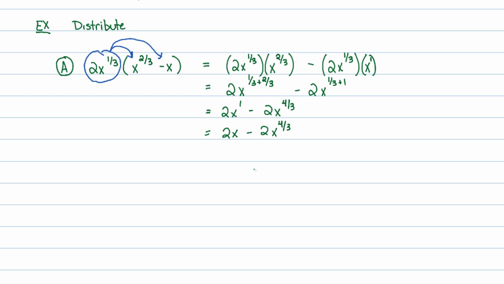The idea of distribution is that you're essentially creating more terms than you originally had. Originally, I had an object, this one right here, times another object, that one right there. So really, I only had one term there. Distribution creates more terms in general. So now I have 2 terms.